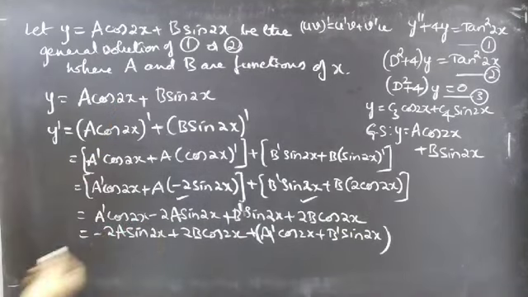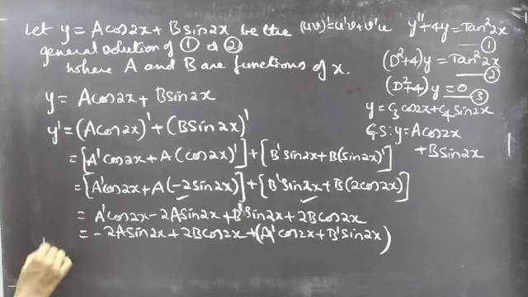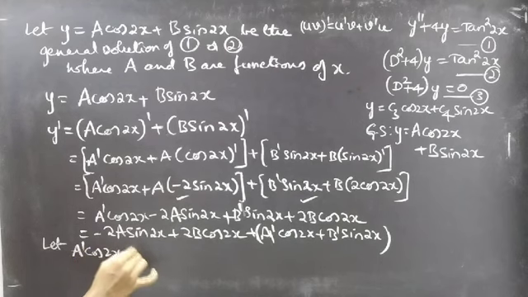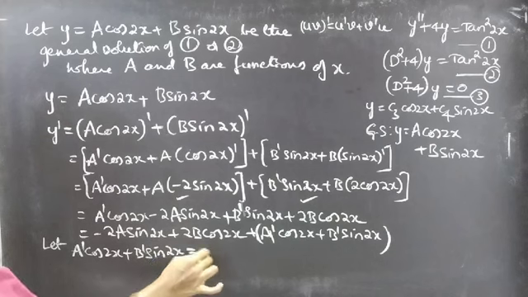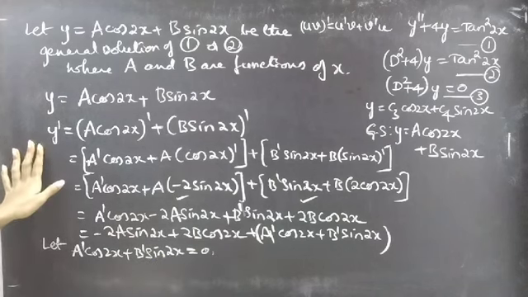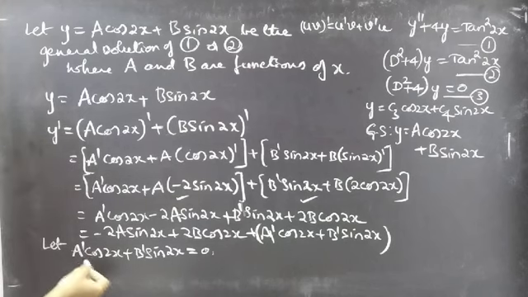Now put a' cos 2x plus b' sin 2x equals to 0. Let a' cos 2x plus b' sin 2x equals to 0, so that while finding derivative of y', a double dash and b double dash will not appear.